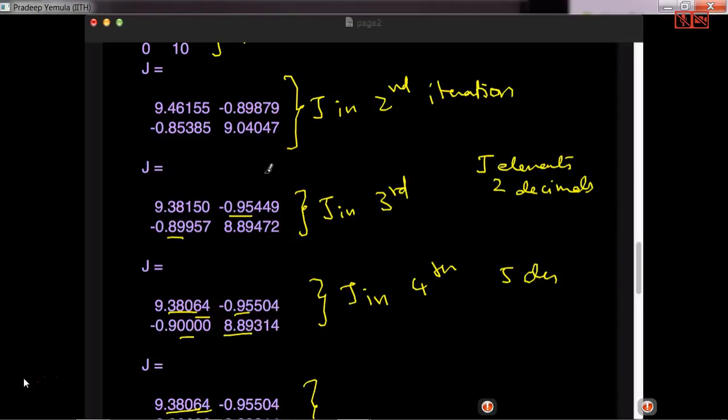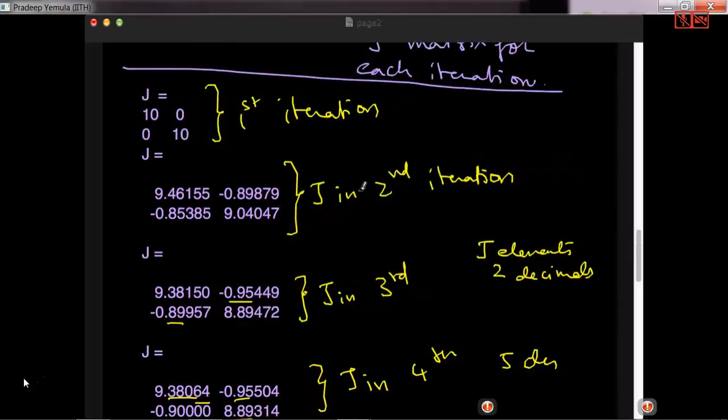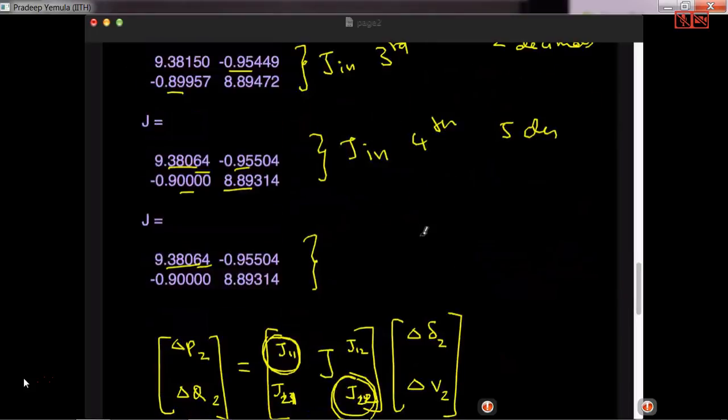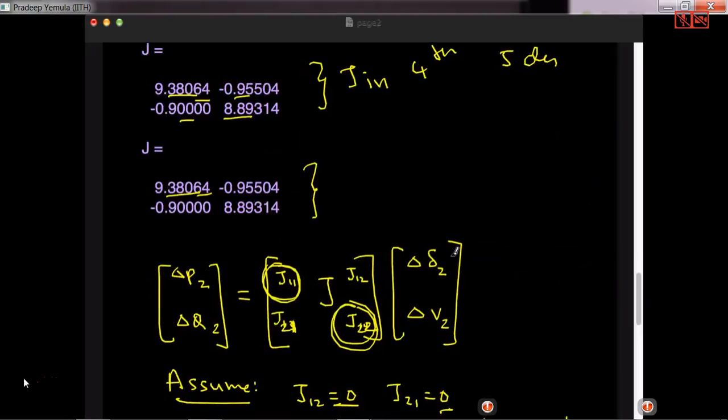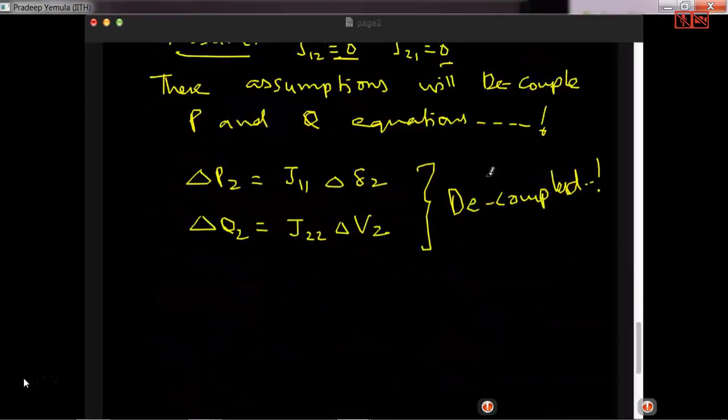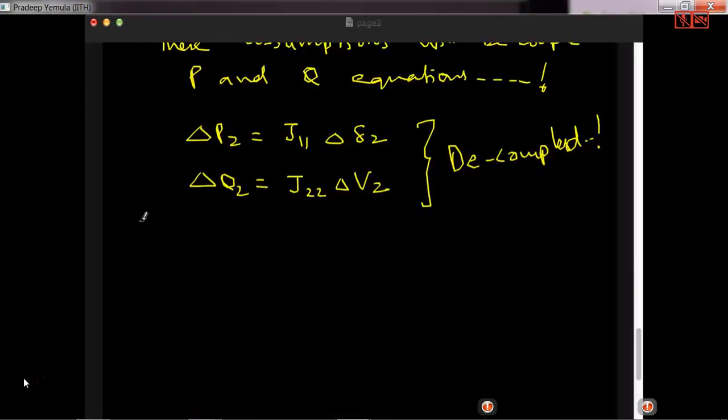This is a common practice in general in every case. For a regular power system, these elements are all anyway small. So by making this assumption, we can make the code faster. Another thing that you can notice is that it is easier to invert a diagonal matrix.